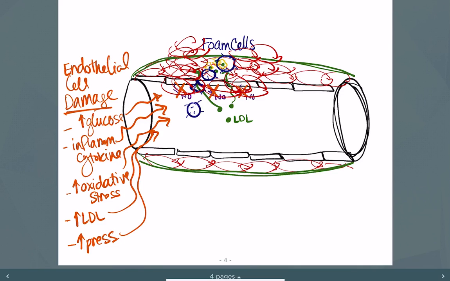The vascular smooth muscle cells, excuse me, I'm seeing red, proliferate and migrate, and we see extracellular matrix deposits. So we start to scar this down with extracellular matrix, and we get this big kind of mess of vascular smooth muscle cells, scar tissue, and then right in the center, you get a bunch of free LDL when the foam cells apoptose, and then a bunch of foam cells that are macrophages that have LDL inside of them.